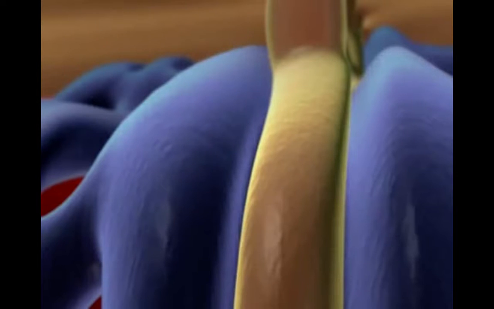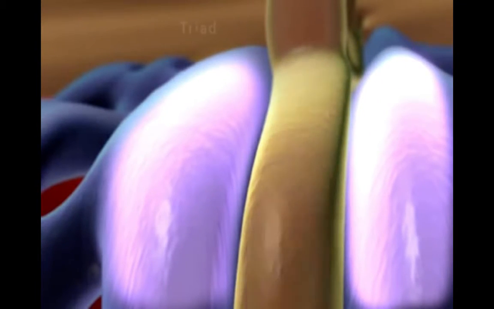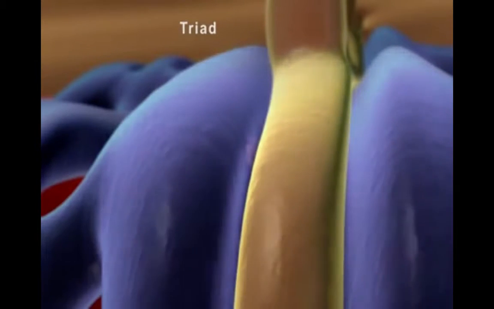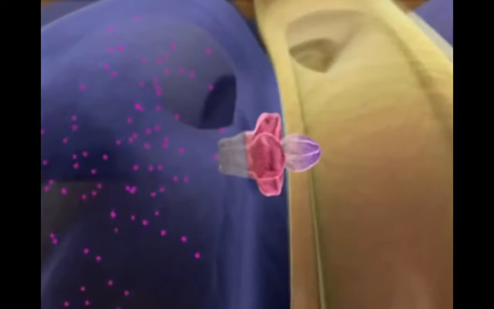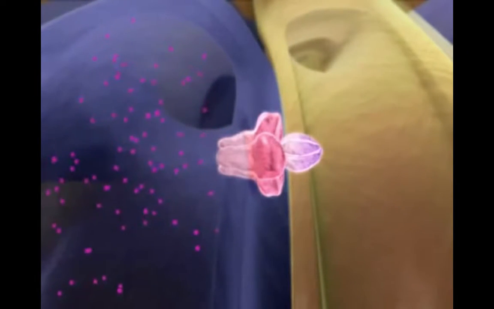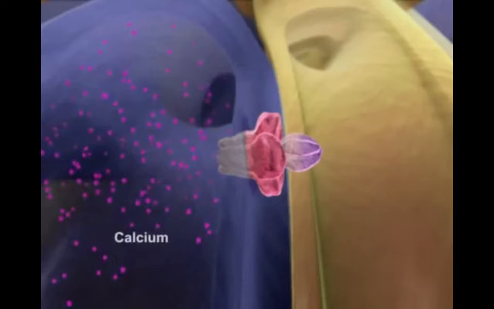One portion of a T-tubule plus two adjacent terminal cisternae is known as a triad. The membranes of the T-tubule and terminal cisternae are linked by a series of proteins that control calcium release.